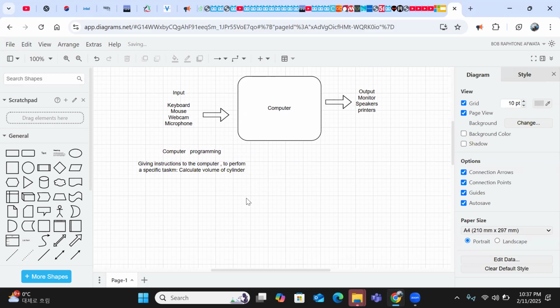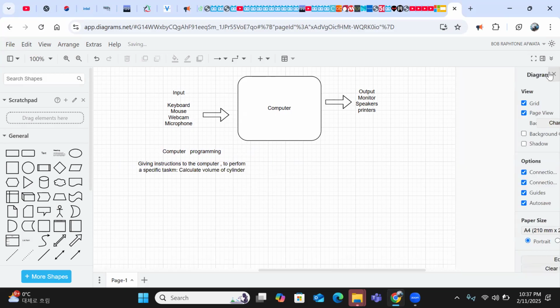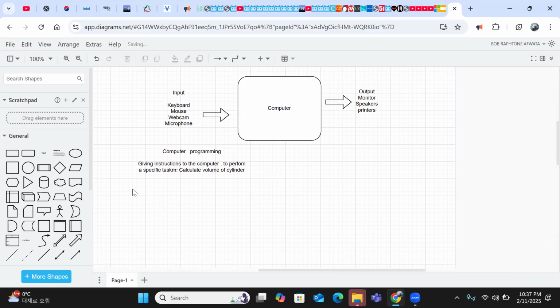Under computer programming, there are what are called programming languages. Programming languages are ways to talk to the computer.